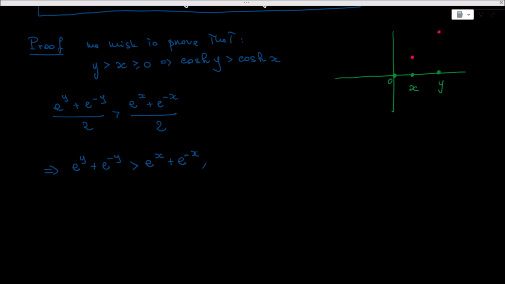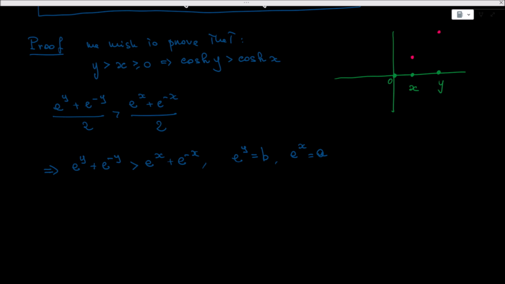Now let's put e to the y equal to b. We know that b is going to be a positive number because it is just a power of e. And let's put e to the x equal to a.